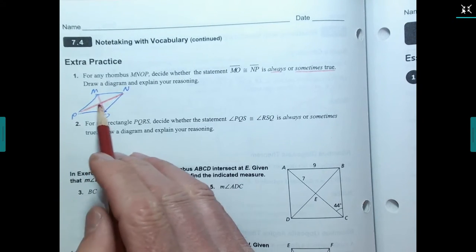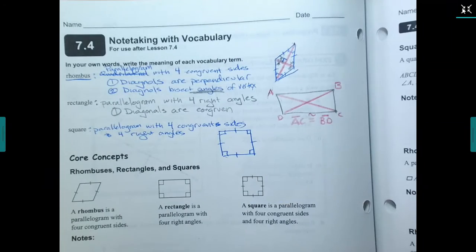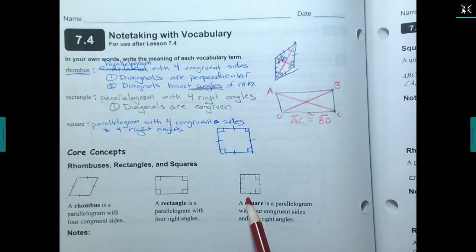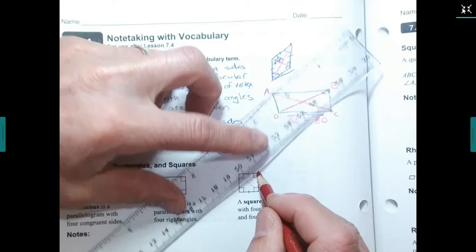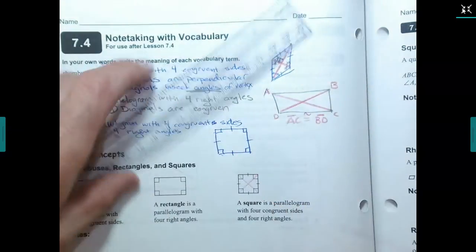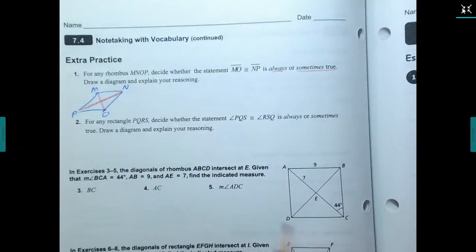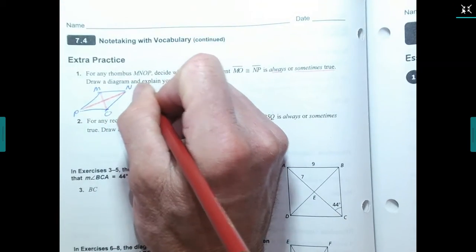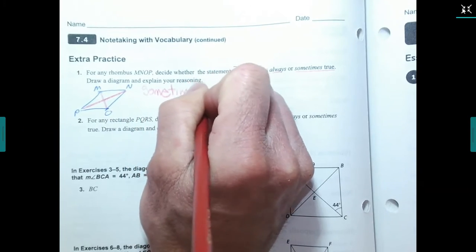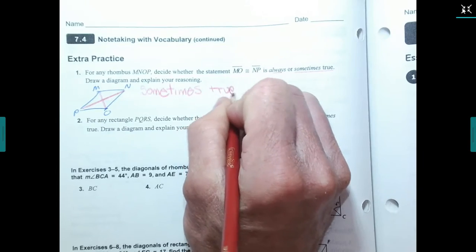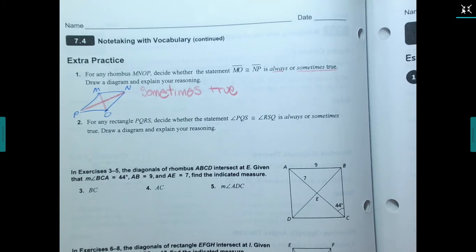Well, it's definitely not true here, but it would be true in a square. Actually, it would be the diagonals there. Diagonals would be equal. So, as a matter of fact, it is sometimes true. All right, let's give it a go. Always draw them out and see what you can get.